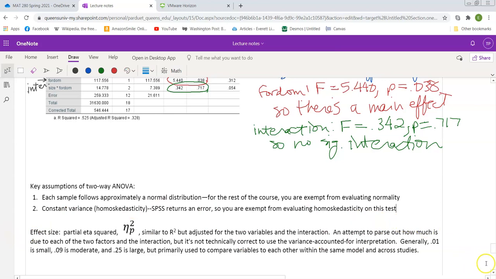Now, let's talk about effect size. The effect size is something called partial eta squared. Eta is a Greek letter that looks like, I think it's supposed to be an H. I think that's what our equivalent is.